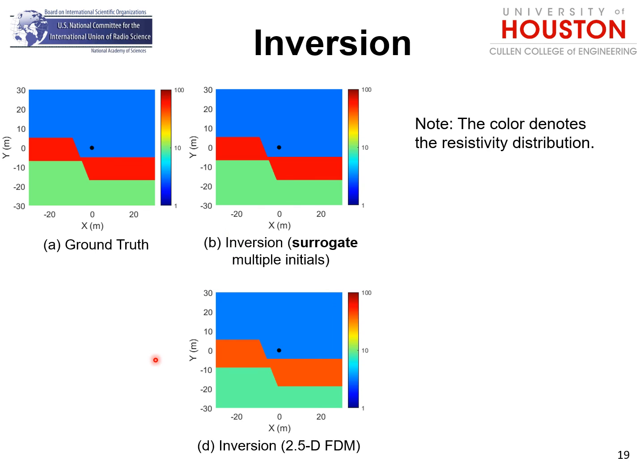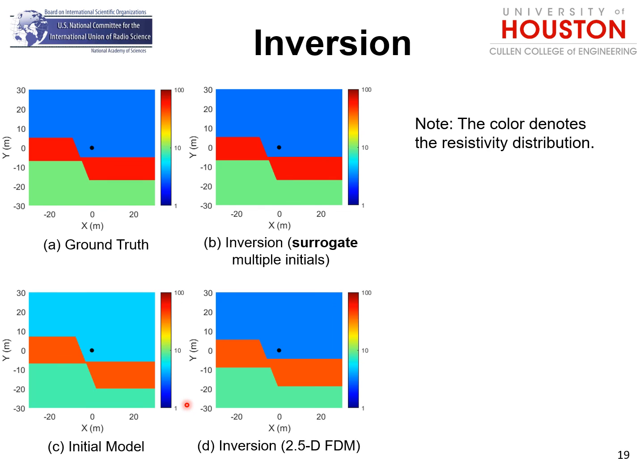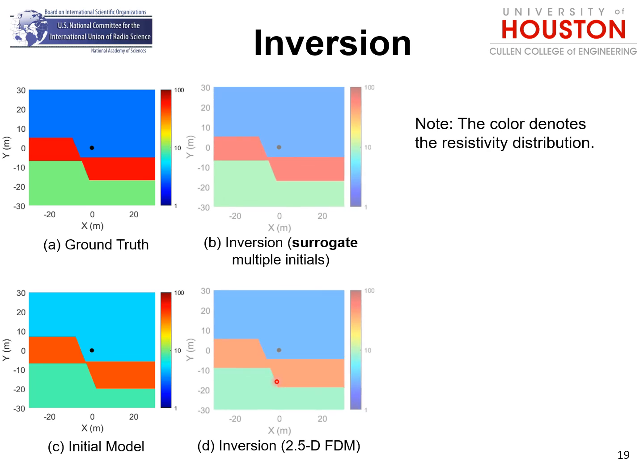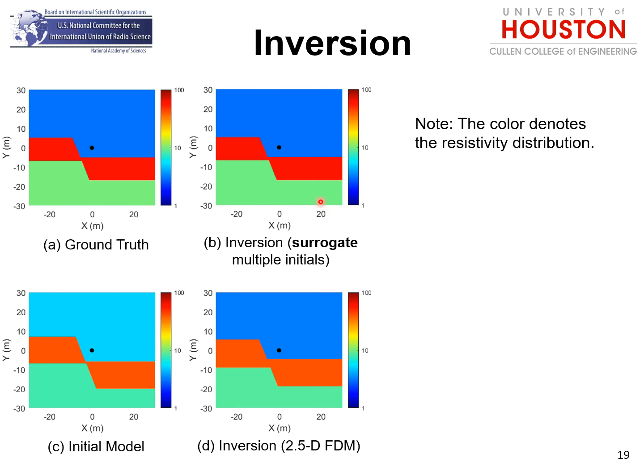And this is the inversion result using the 2.5D finite difference method, and this is the initial model to get the final inversion results for this one. If we compare these two results, we can find the surrogate model-based inversion is more accurate.